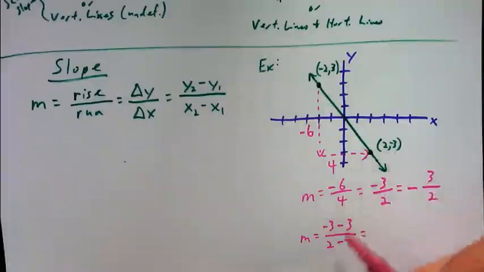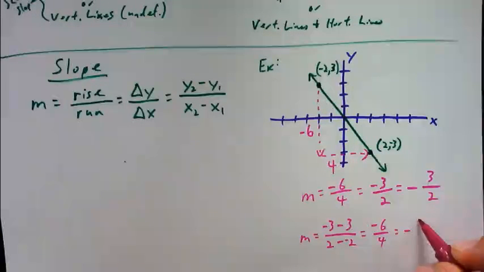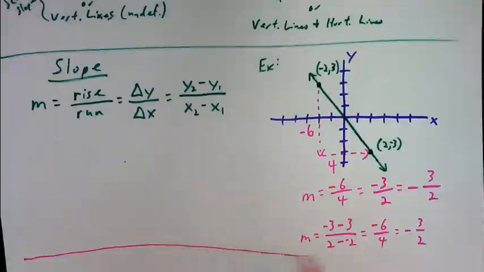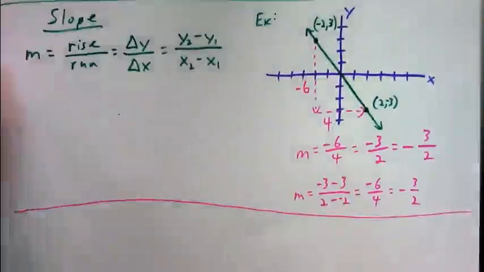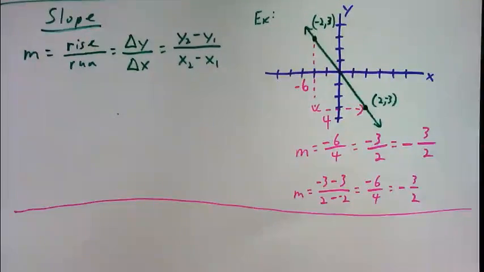I just plug this point in, I plug this point in, and now -3 minus 3 is -6. Minus a negative is adding a positive, so that becomes 2 plus 2, which is 4. And again, we get the same answer. So you can look at the graph, or you can do the equation. Either one works. So 2 minus -2, you just turn it into a positive? Yep, minus a negative is plus a positive.